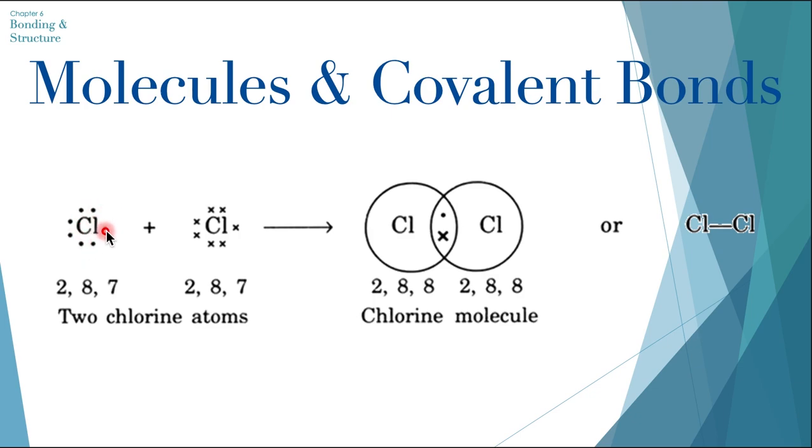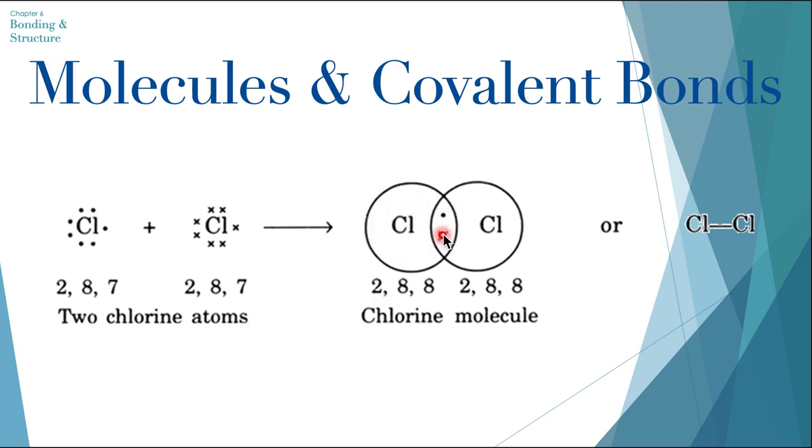And if one electron from this chlorine atom goes into the first, this also has a stable configuration, 2,8,8, because they are sharing their electrons. So we have 6 electrons in this atom and 6 electrons in this atom and 2 in the middle. So 6 plus 2 is 8. For this atom it is also the same. So for both the chlorine atoms it is the same. For this chlorine atom we have 8 electrons.